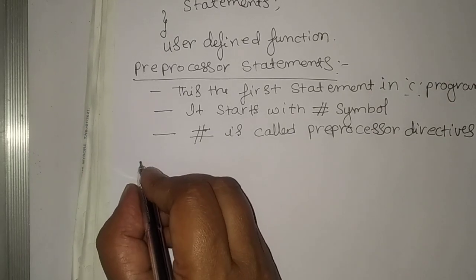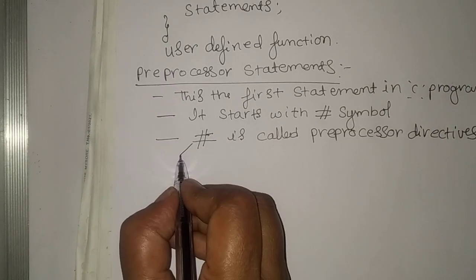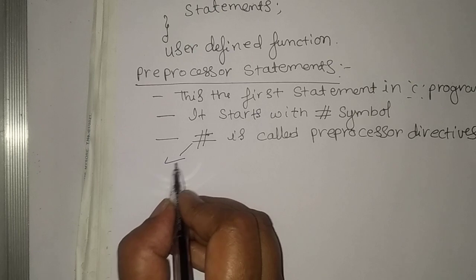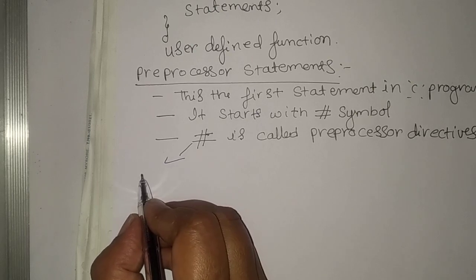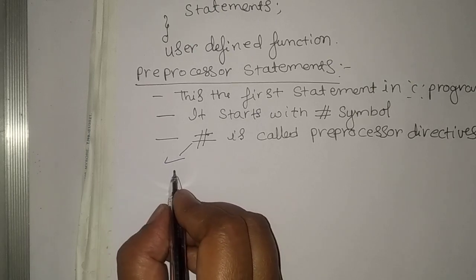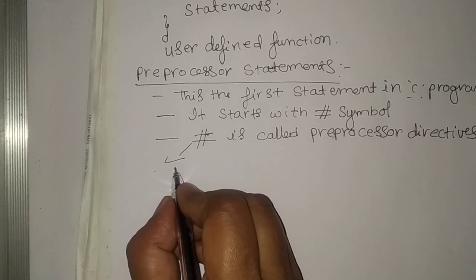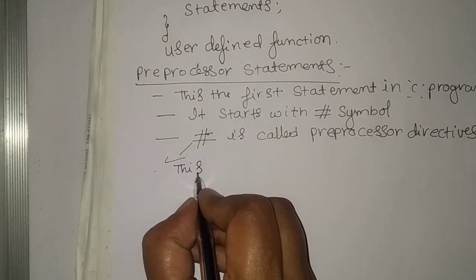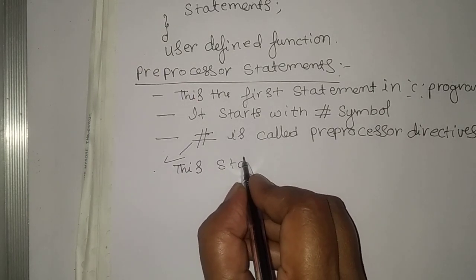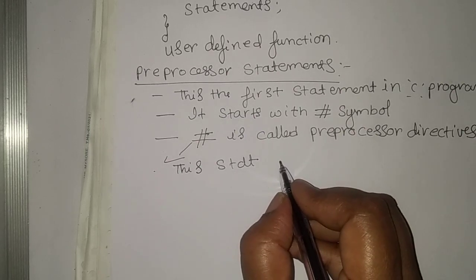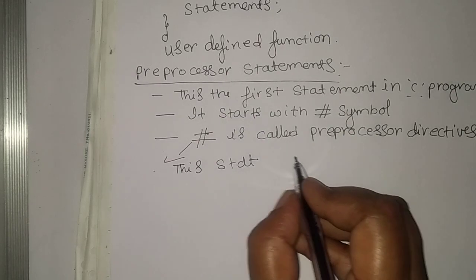So what does this do? This statement with the hash symbol directs the C preprocessor to include the files.